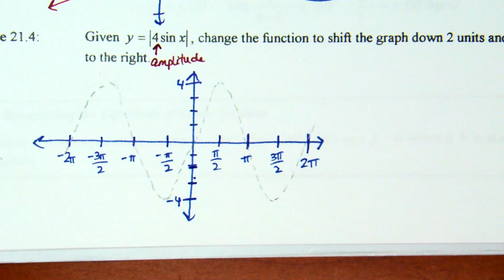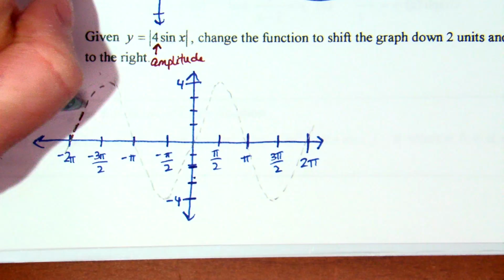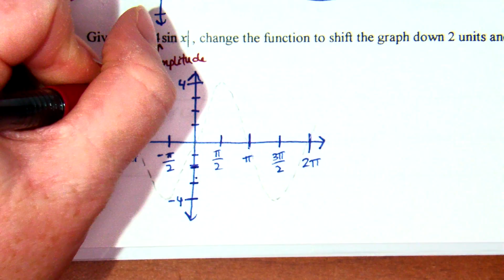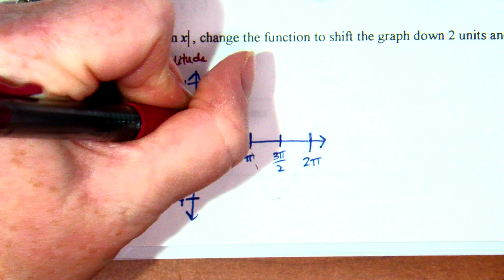This mountain that's down below now needs to be up at pi. This mountain is up high, and that mountain is up high, yes? Are we good with what I have right here? This is y equals absolute value of 4 sine x.